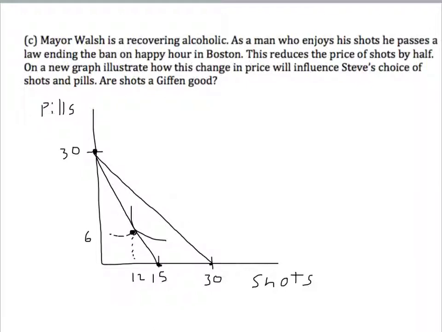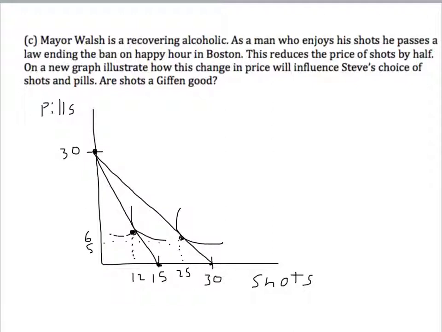So you should have fewer than 6 pills and more than 12 shots. A point consistent with that is out here. We can say that that's 5 pills and 25 shots.